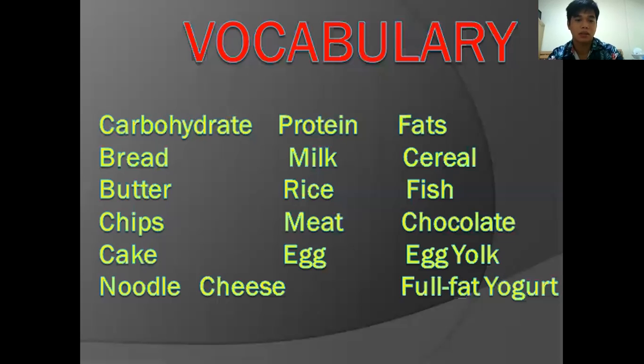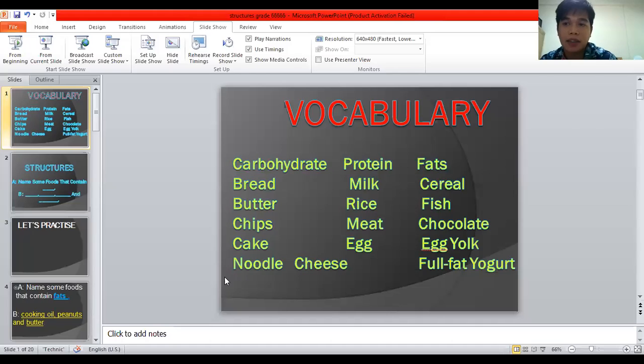We have carbohydrates, bread, butter, chips, cake, noodles, protein, milk, rice, meat, egg, fats, cereal, fish, chocolate, egg yolk, and full fat yogurt.